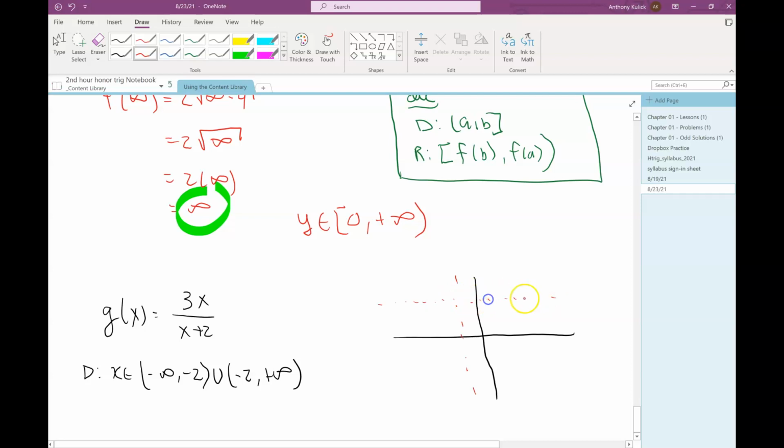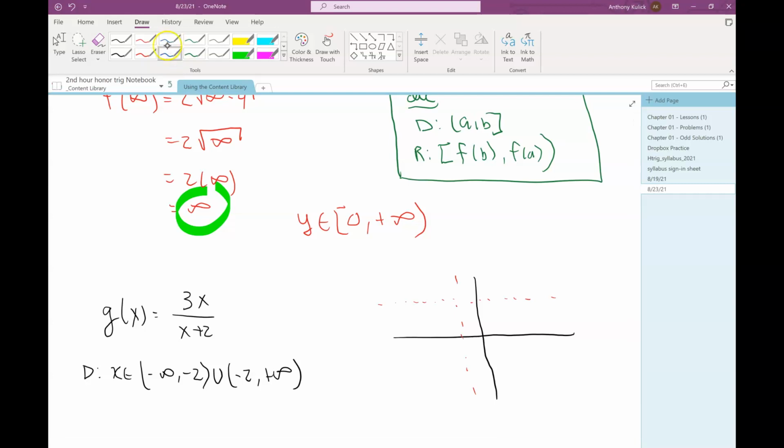And since there's x to the first on top and bottom, that horizontal asymptote is the leading coefficient of the numerator divided by the leading coefficient of the denominator. So 3 divided by 1. So it'll look something like that, that'll be kind of where the vertical and horizontal asymptotes are.